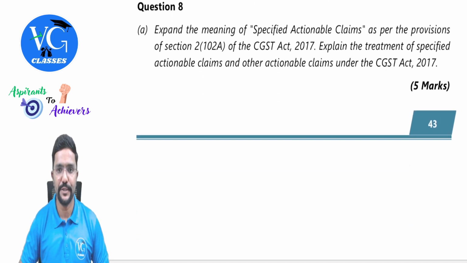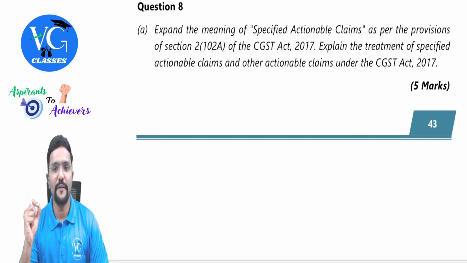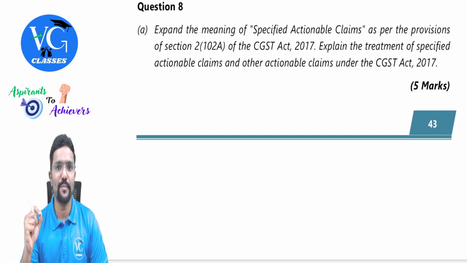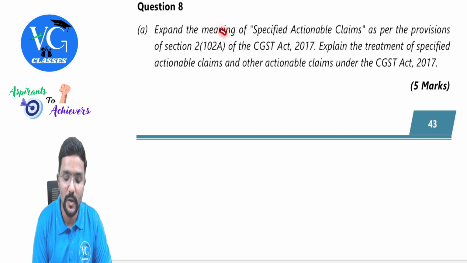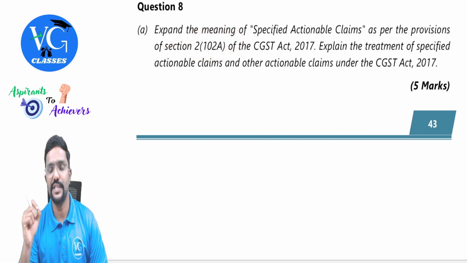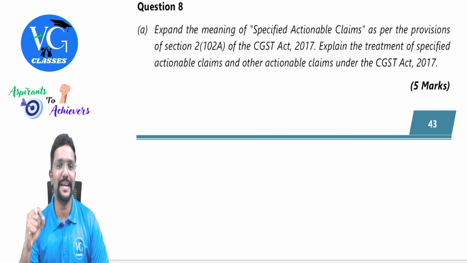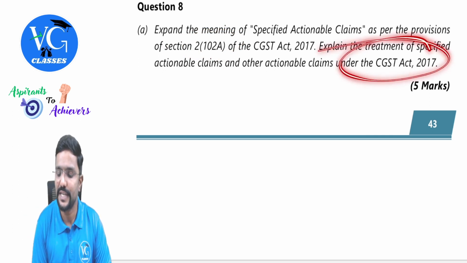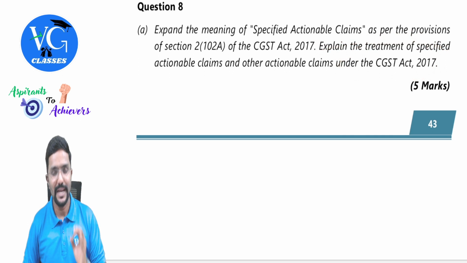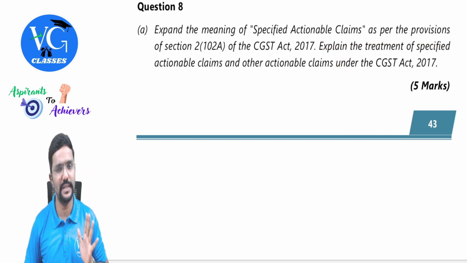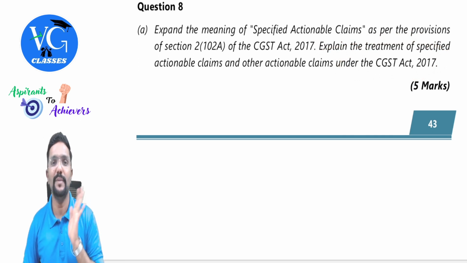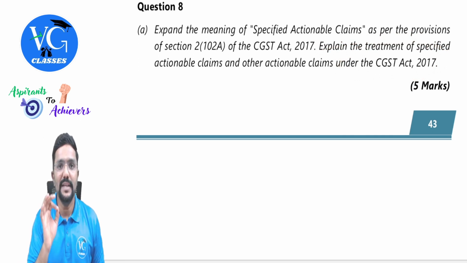Question number 8. Explain the meaning of specified actionable claim as per the provisions of section 2 clause 102A of CGST Act 2017. Explain the treatment of specified actionable claim and other actionable claims under CGST Act 2017. Okay. Guys, see, actionable claim is a part of the goods definition. Is it a goods? Yes. Then, sir, is it taxable under GST? Actionable claim is included in Schedule 3, guys.